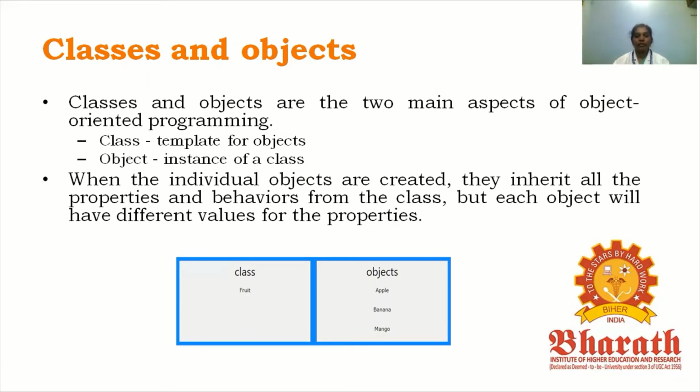Fruits is a common name used for all the fruits, right? The objects are apple, banana, and mango, all of which come under the fruits category. The objects inherit all the properties and behavior from the class.